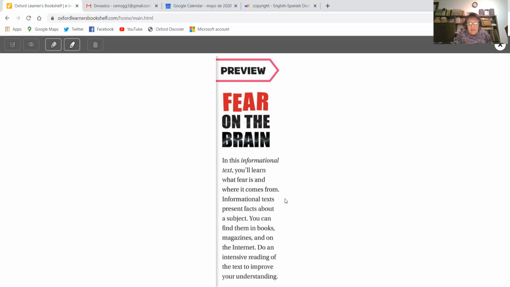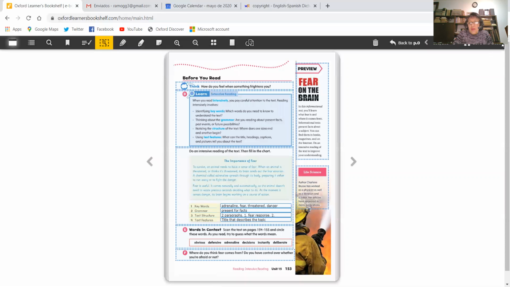Informational texts present facts about a subject. You can find them in books, magazines, and on the internet. Do an intensive reading of the text to improve your understanding. So when it says do an intensive reading, it's pay attention to all the details.